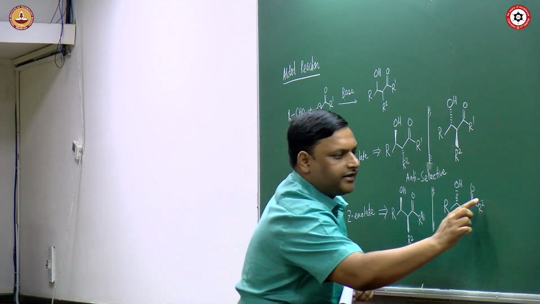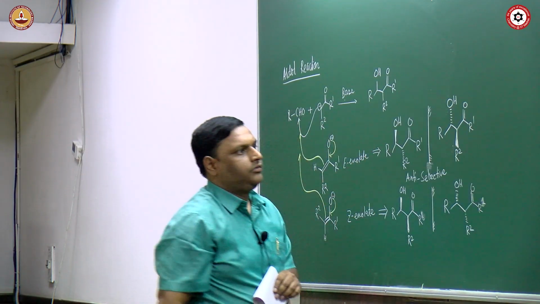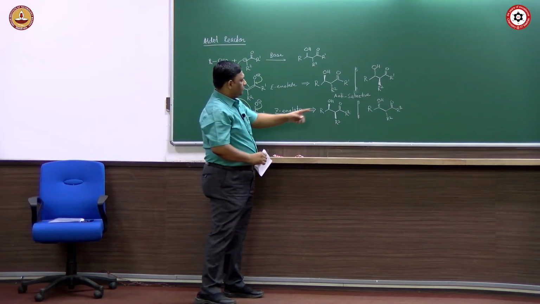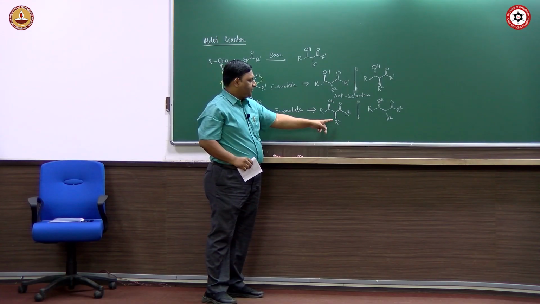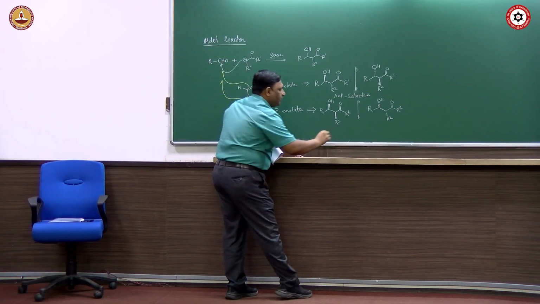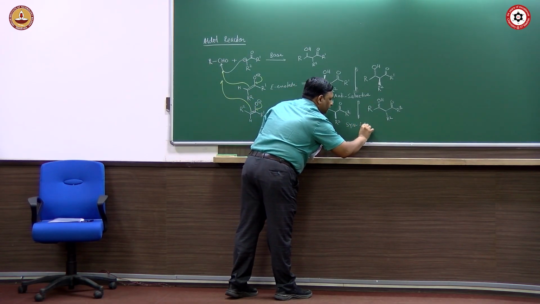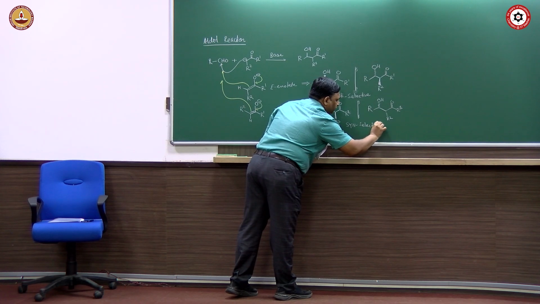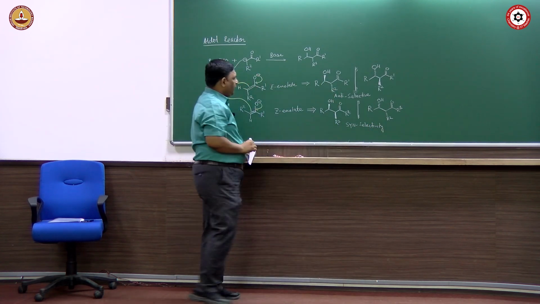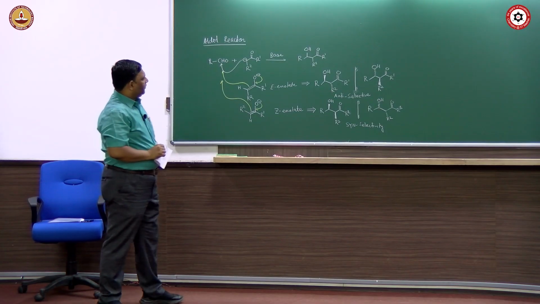We are designating this one as R1, this is R2. Now, in these two, the OH and R2 bonds are cis or syn to each other. These are also syn to each other. So, we can see the syn selectivity. This is the basic way to figure it out.